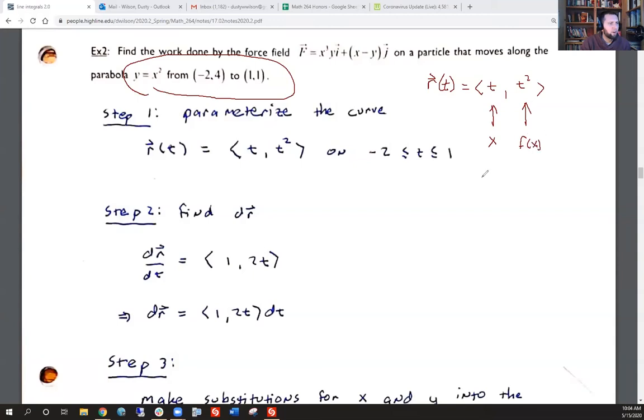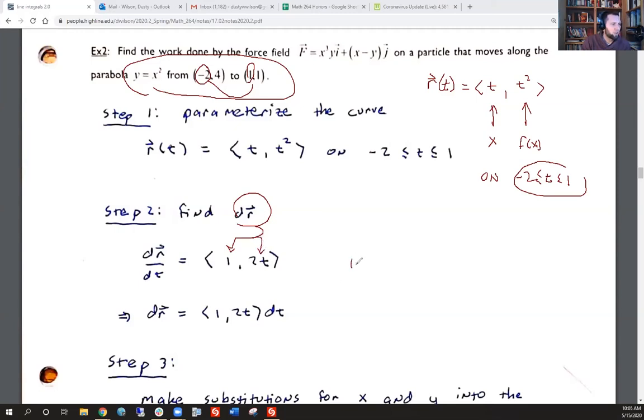And we did this on -2 less than or equal to t less than or equal to 1. Those were coming from the starting and ending x values that were given back in the original statement. Once you have your r of t, then you need to find your dr. And so your dr is going to be 1 and 2t.